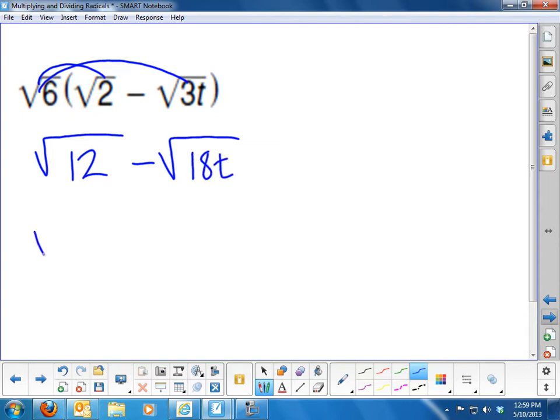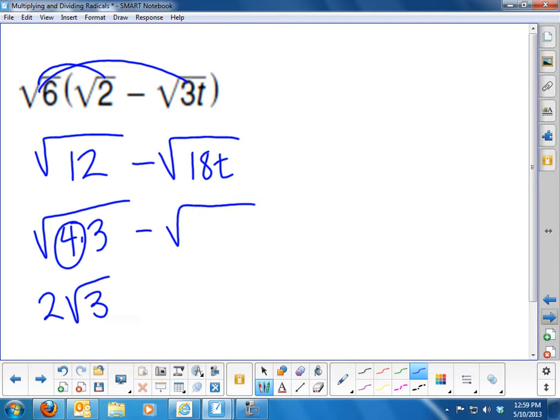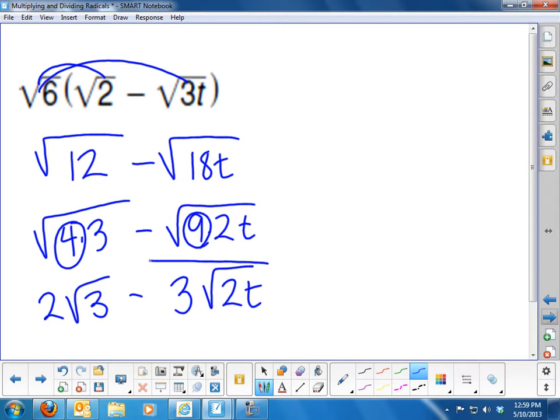Square root of 12, how do I simplify that? That's 4 times 3. The square root of 4 is 2. So 2 square roots of 3. How do I simplify the square root of 18t? That's 9 times 2t. Square root of 9 is 3. So minus 3 on the outside and a 2t on the inside. Are those like terms? No. So that is as simplified as your answer can get.